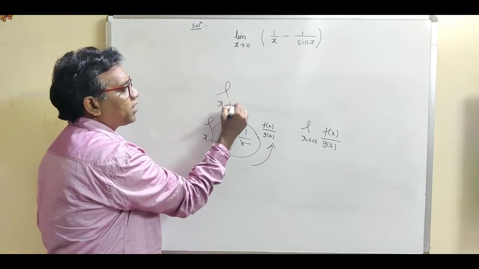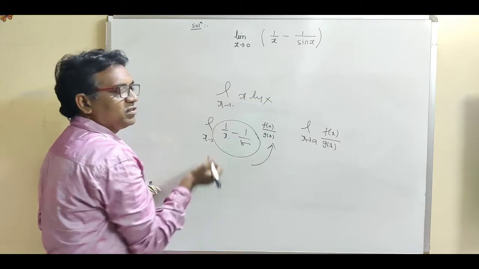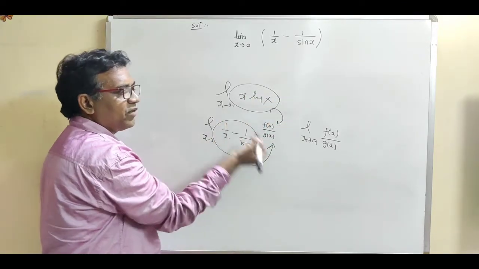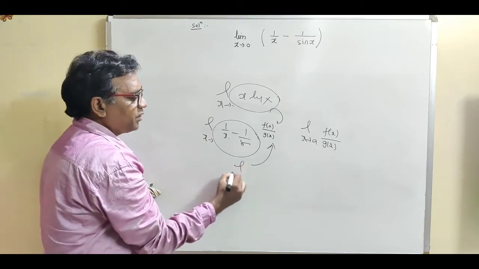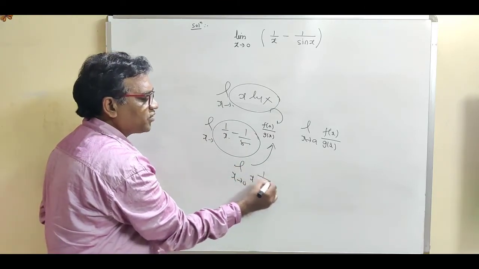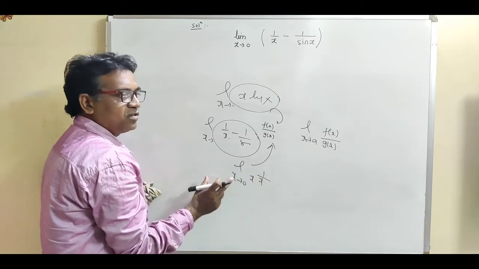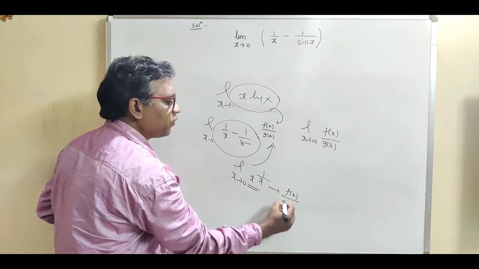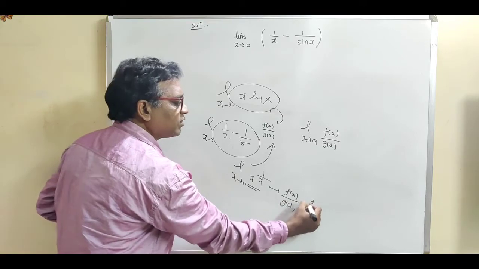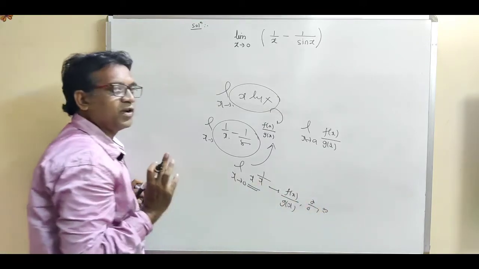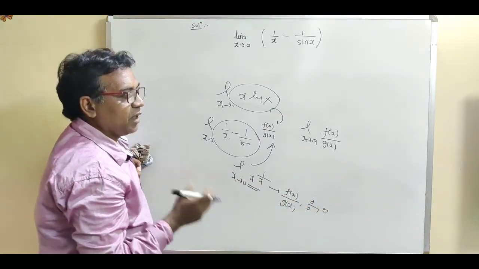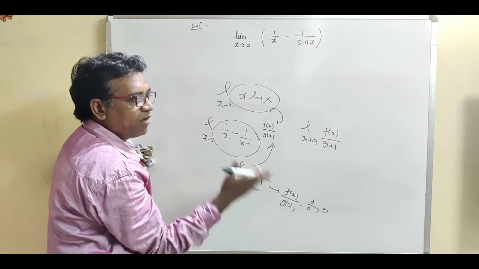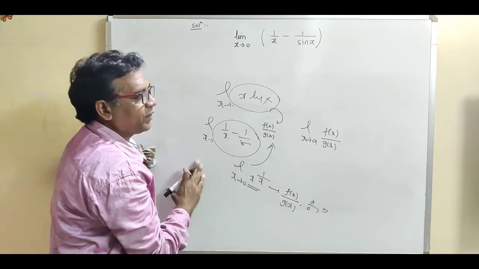If it contains a product, we convert the product into division form. If it contains a function raised to another function, we have to convert the form into division form, f(x) upon g(x), or 0 by 0 or infinity upon infinity. If the limit form is the proper division form, we can directly apply the L'Hopital rule.